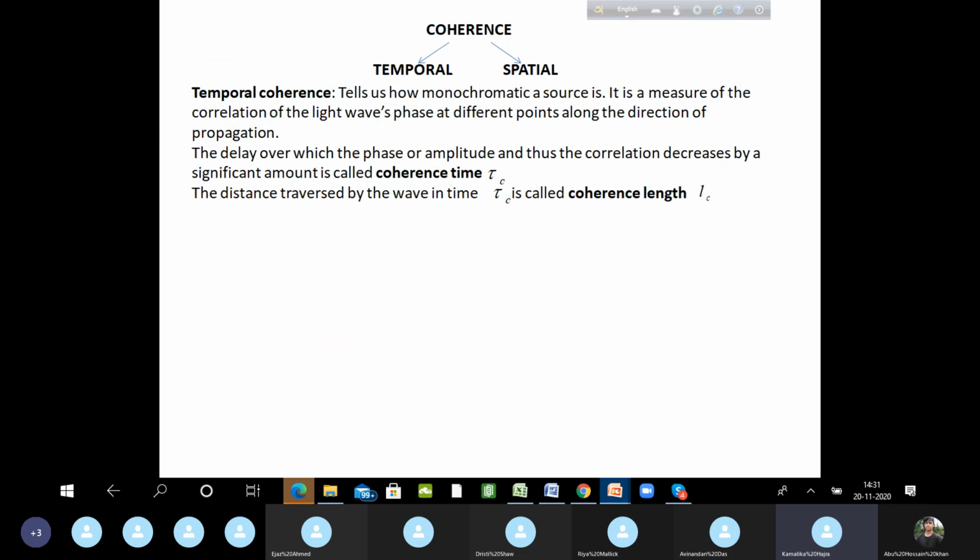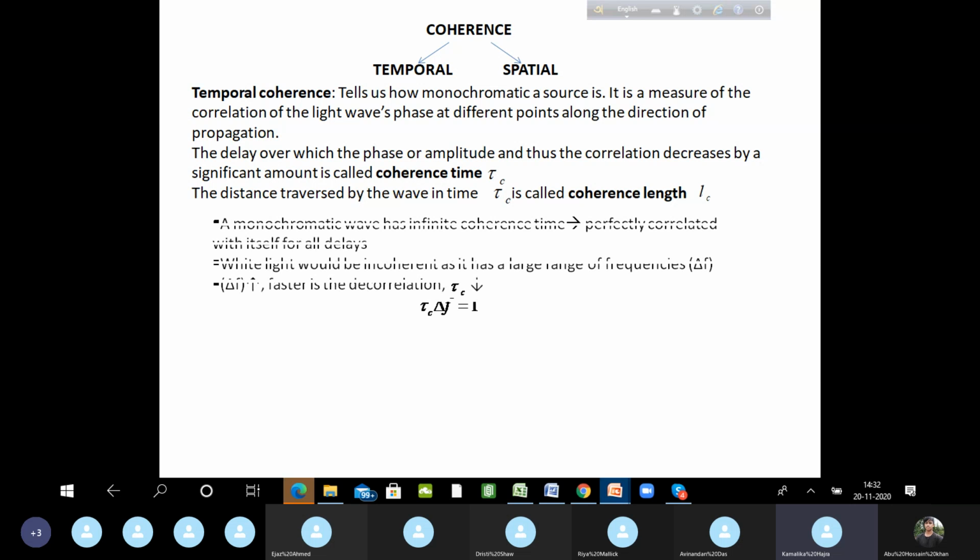So coherence may be temporal or spatial. Temporal coherence tells us the monochromaticity of a source. How monochromatic can you call a source to be? It is a measure of the correlation of the light's wave phase at different points along the direction of propagation, and you measure it by a parameter called coherence time. The distance traversed by the wave in the interval of coherence time is called coherence length.